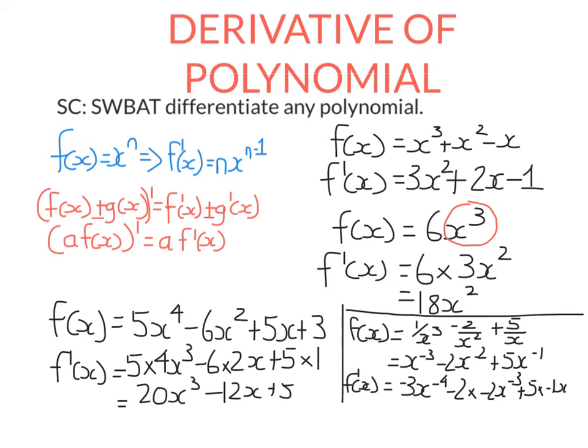So just making this a little easier to work with, I have minus 3 over x to the power of 4. Minus 2 times minus 2 is positive 4, so this will be 4 over x cubed. And the last one, minus 5 over x squared. And we're done.